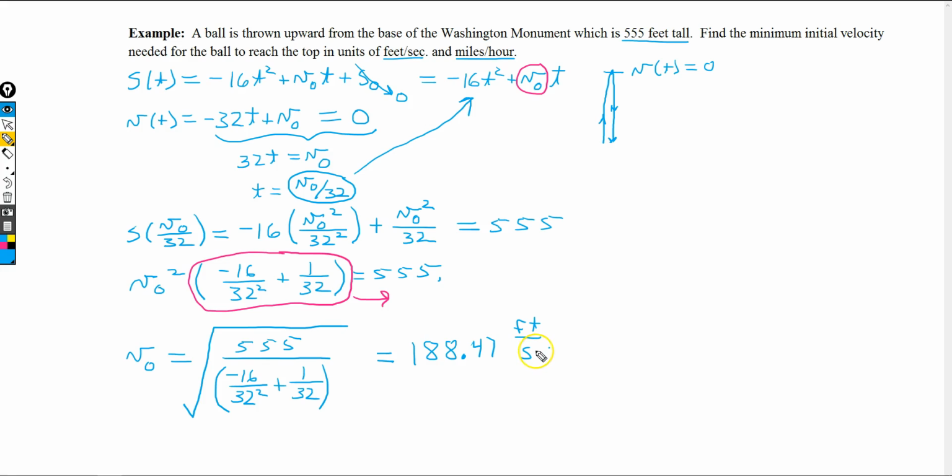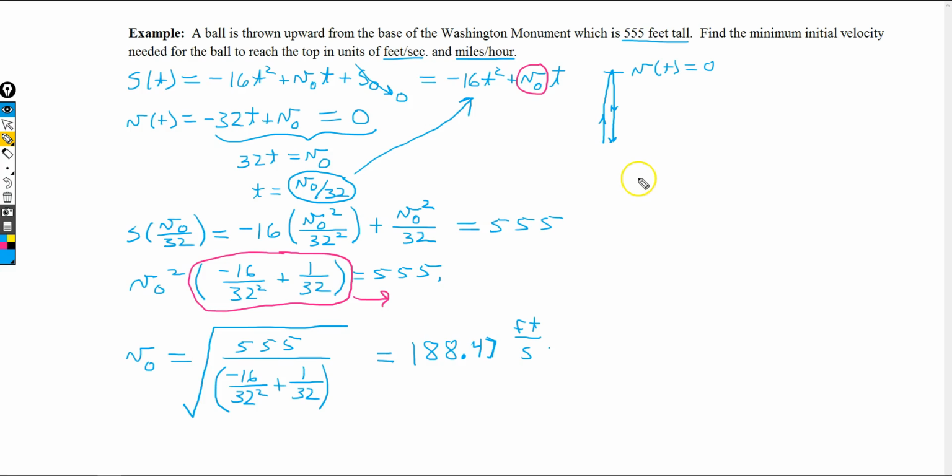It's a little easier for people to understand how fast something is traveling in miles per hour generally than feet per second. So to do that, we have to replace the feet with miles, the seconds with hours, and then that'll convert everything.